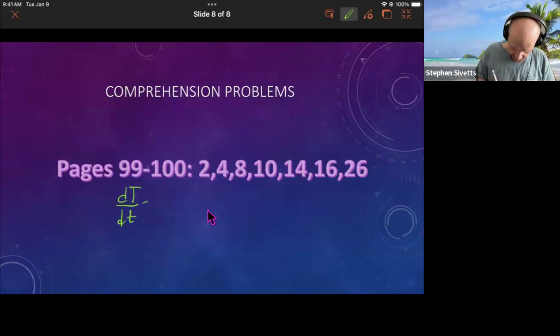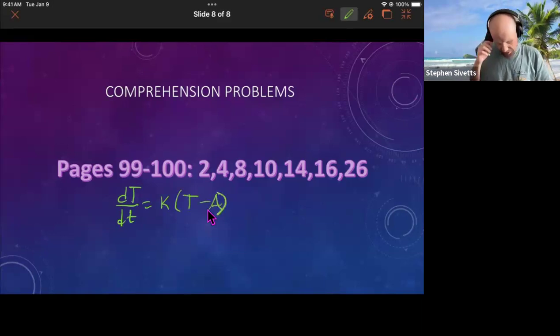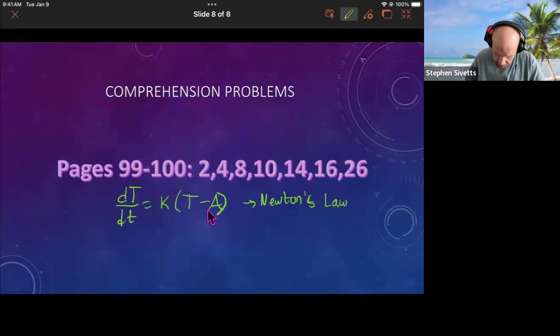I haven't talked about that yet, but this is how you would find Newton's law of cooling. I will talk about this different type of model to examine the temperature of objects. So stick around for that.